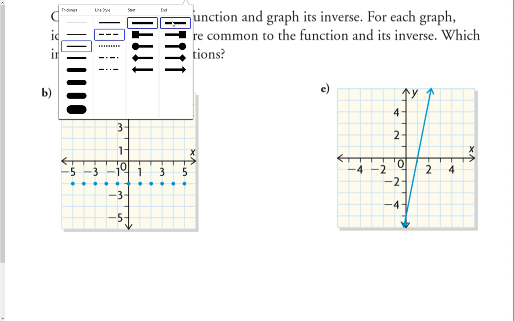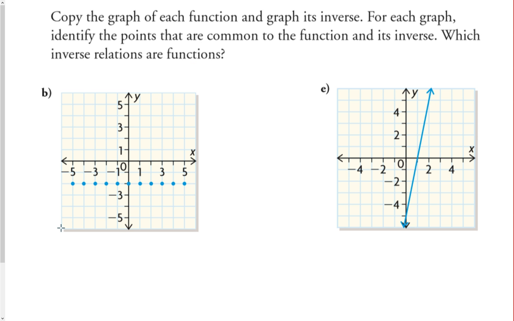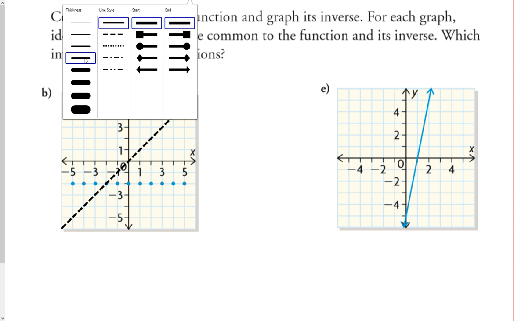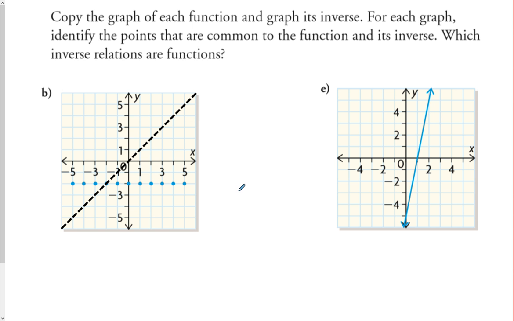So we'll get our nice dotted line, and that's going to create our mirror image. And I'll do my inverse in red. So, okay, all I have to do is look at this line and plot things on the other side. So the easiest one to do first is this one that's on the line.